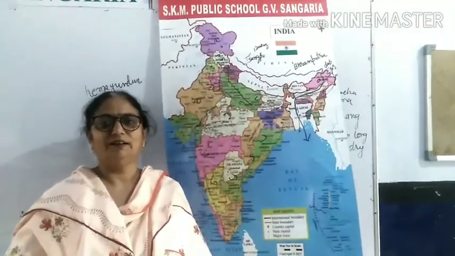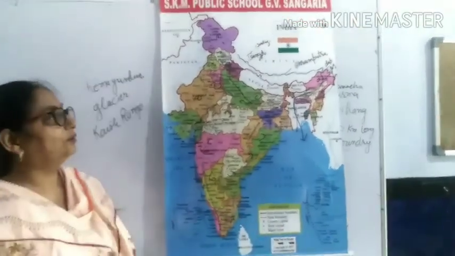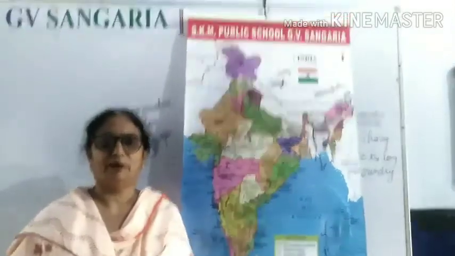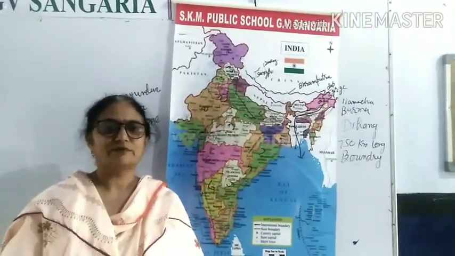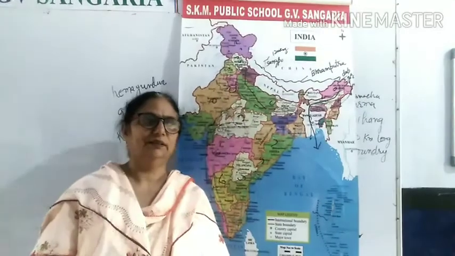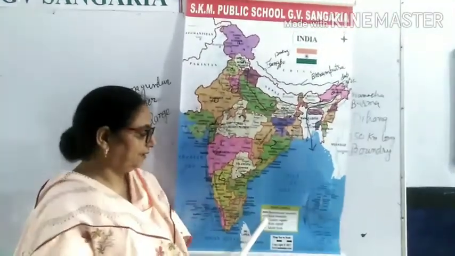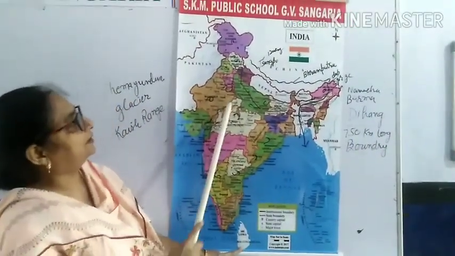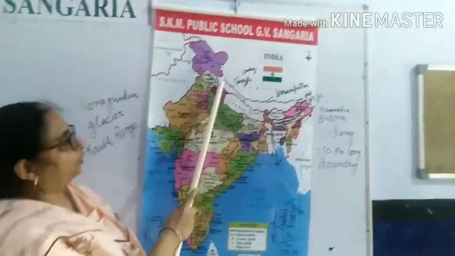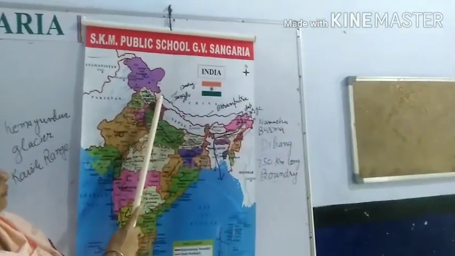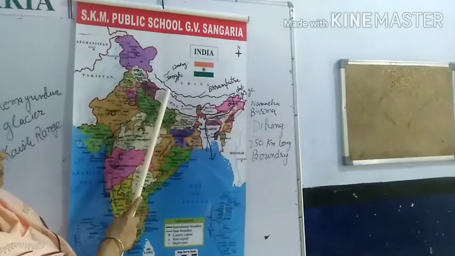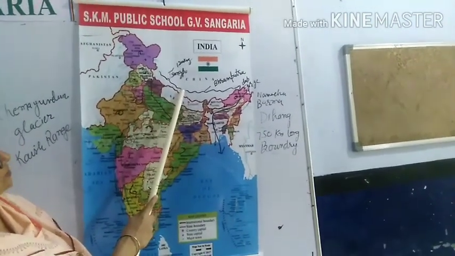Good morning, children. I'm going to tell you about Brahmaputra river basin. Till now, we have studied the Indus and Ganga river basins. And Brahmaputra river basin starts from here, from Tibet, right? From Mansarovar Lake and Kailash range.